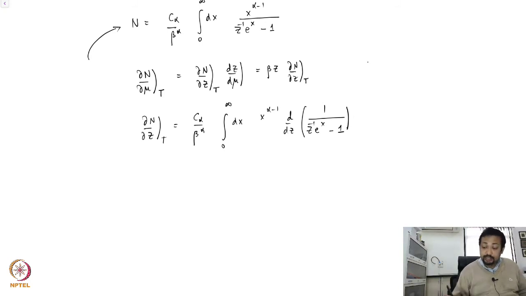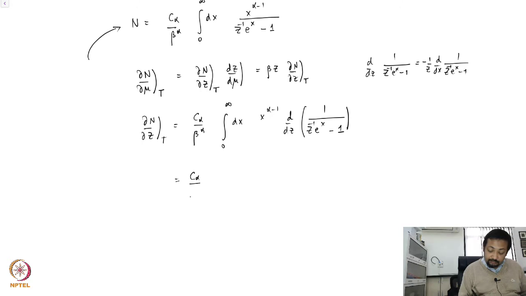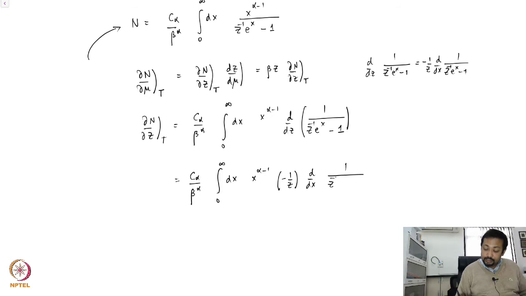I know that d/dz of 1 over (z^(-1) e^x - 1) is minus 1 by z d/dx of 1 over (z^(-1) e^x - 1). So I have C_α β^α ∫ from 0 to infinity dx x^(α-1) times minus 1 over z d/dx of 1 over (z^(-1) e^x - 1).